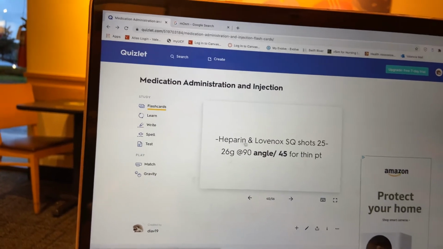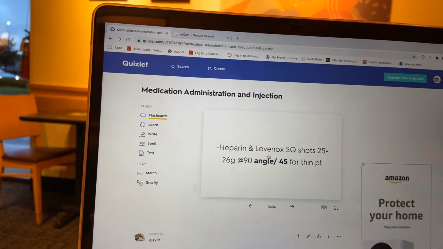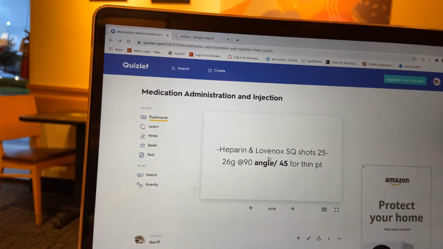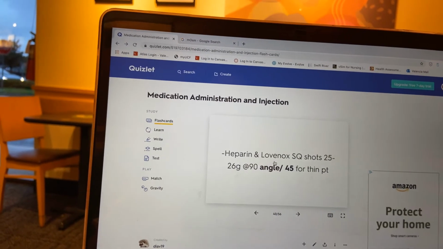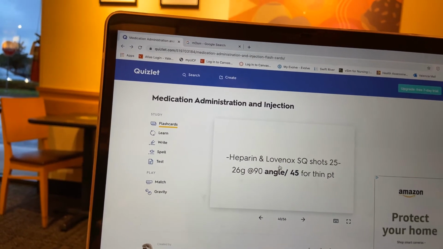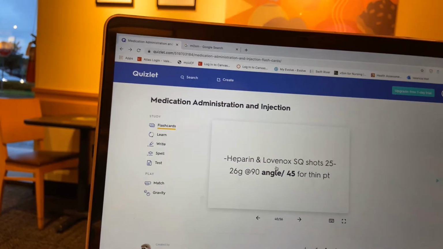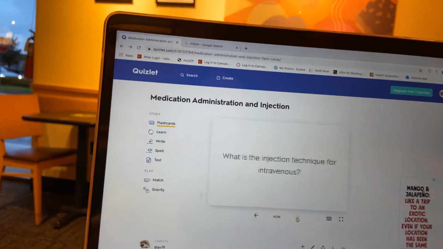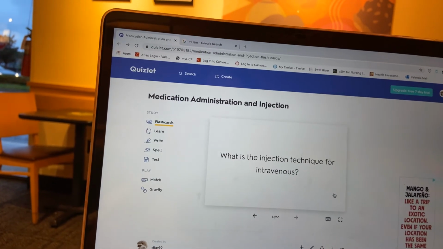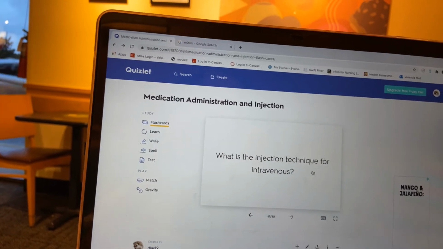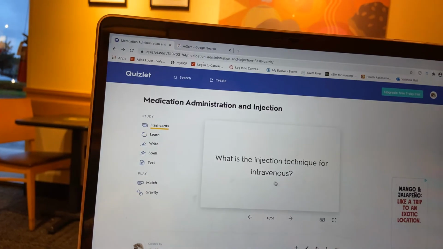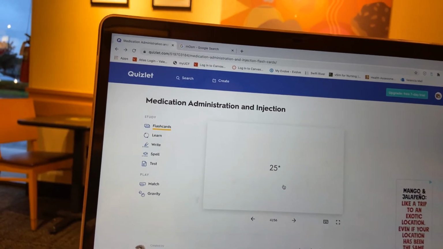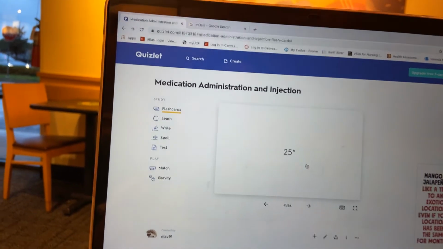If giving heparin and Lovenox subcutaneous shots with a 25 to 26 gauge needle at a 90-degree angle, or 45-degree angle for a thin patient. What is the injection technique for an intravenous injection? 25-degree angle.